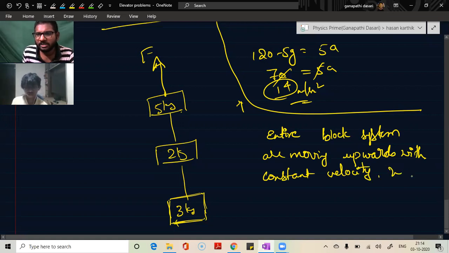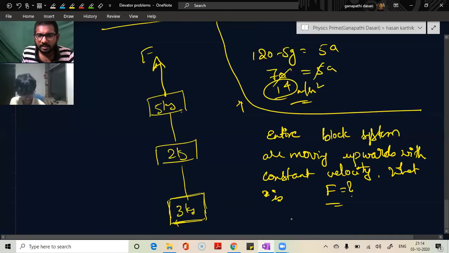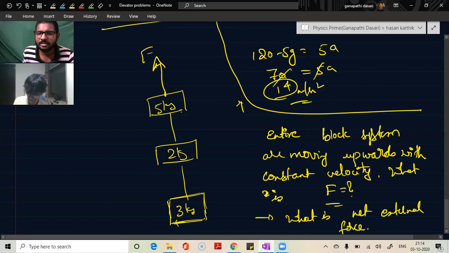Two questions I will ask you. What is F? And the other question is, what is the net external force, or otherwise net force acting on the system?